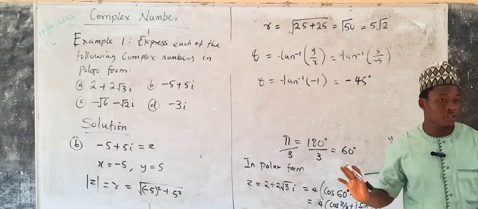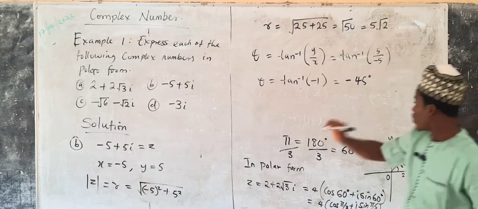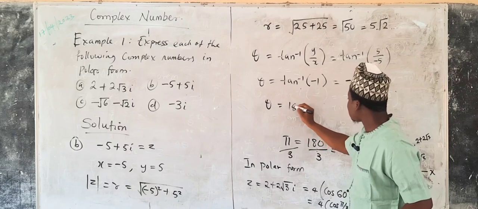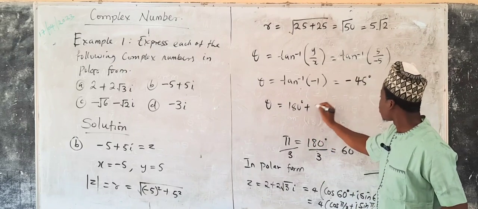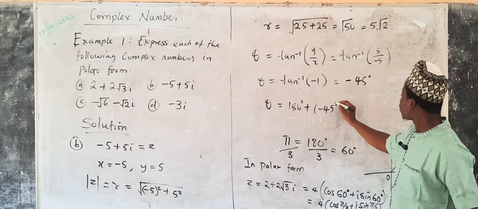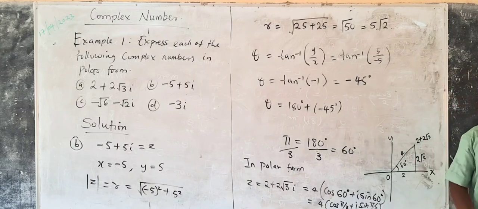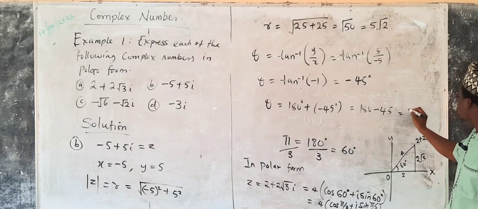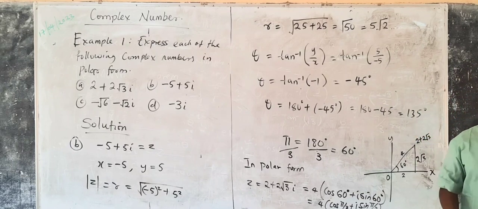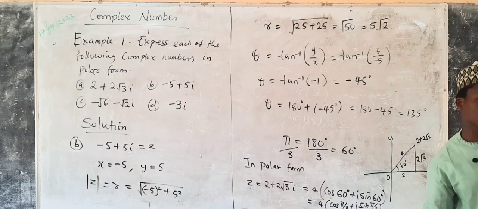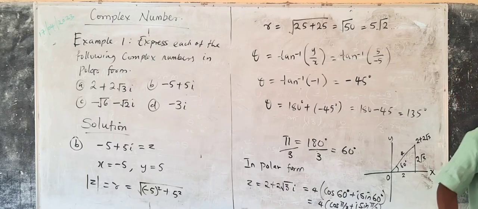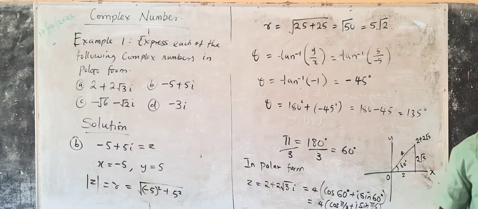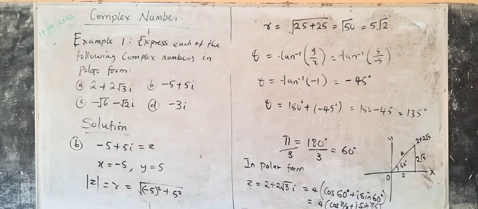So what is going to happen now is our theta will be 180 degrees plus the value of the angle that we have, which is 180 minus 45, equal to 135 degrees. Because 45 degrees is in the first quadrant, 135 is for the second quadrant. You get it now?